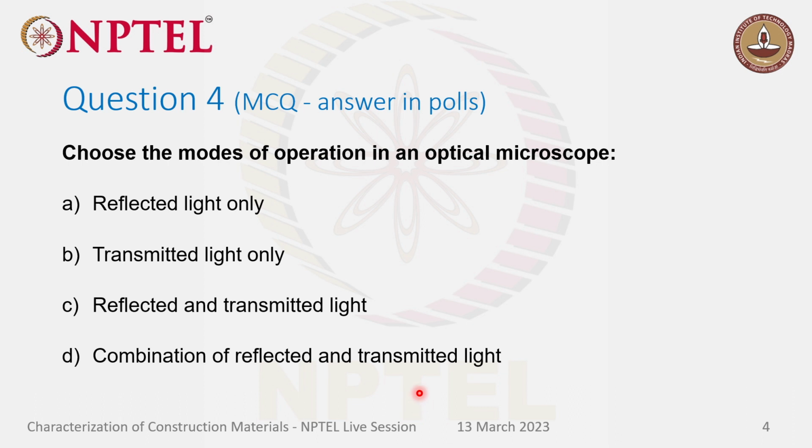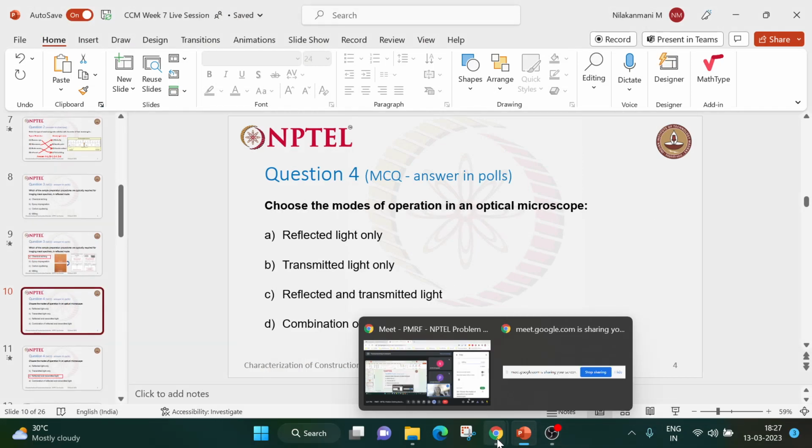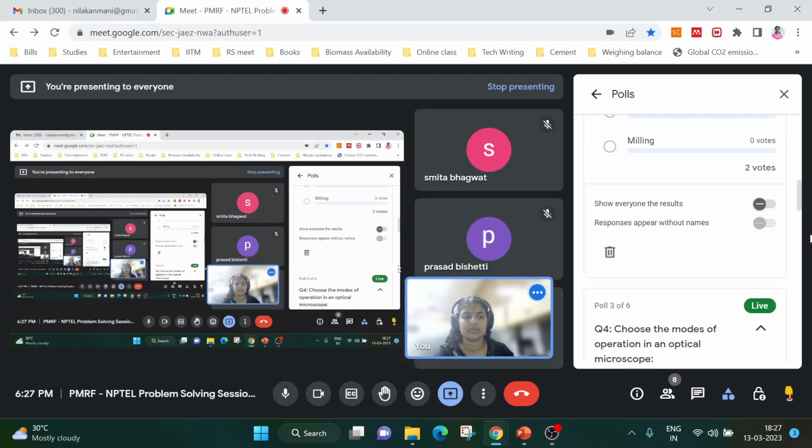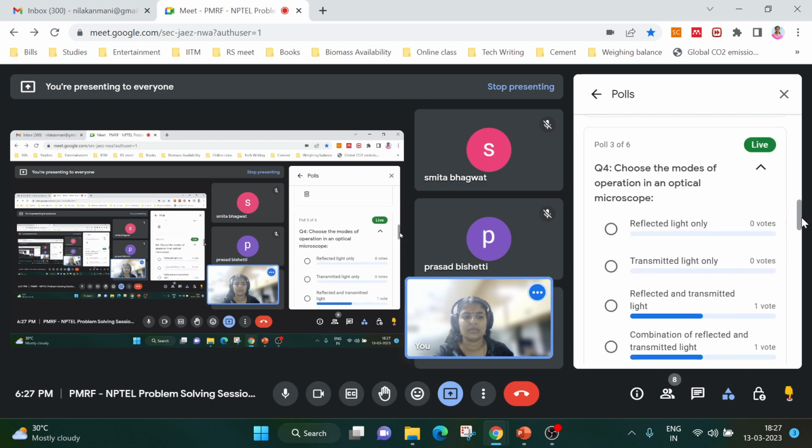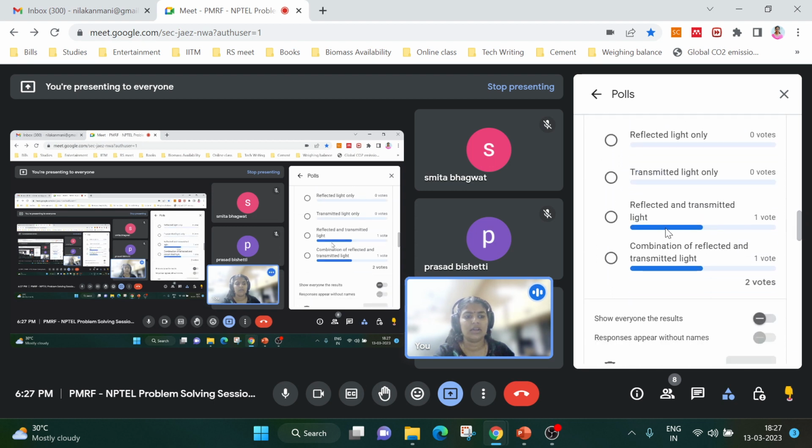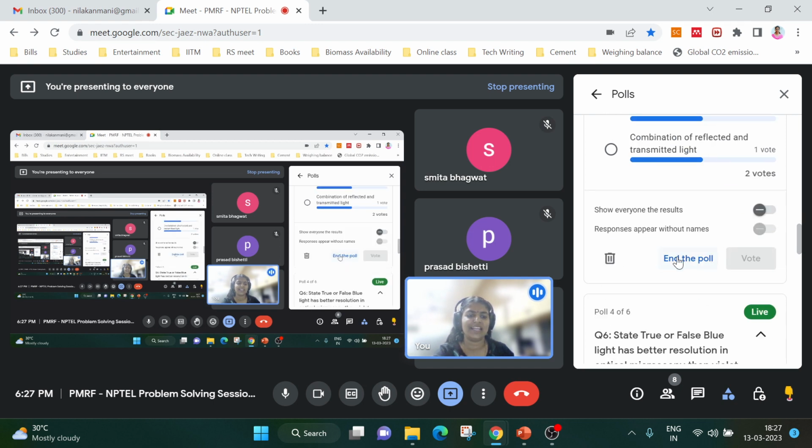This question is given in polls. Let me stop the timer. Time is up. Let's see what is the class response. Okay. Combination of reflected and transmitted. Let's see what is the right answer.